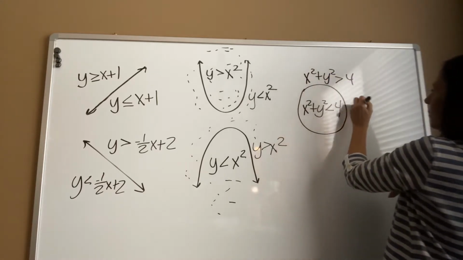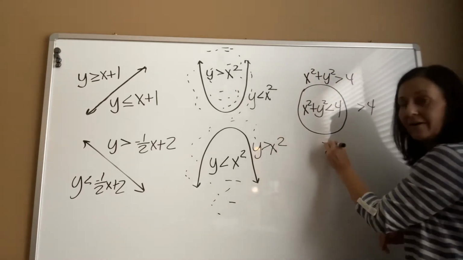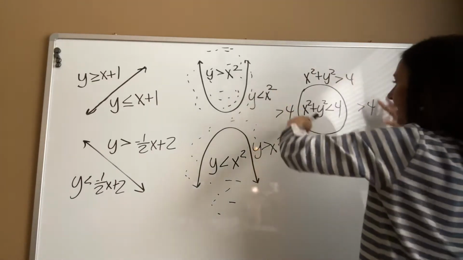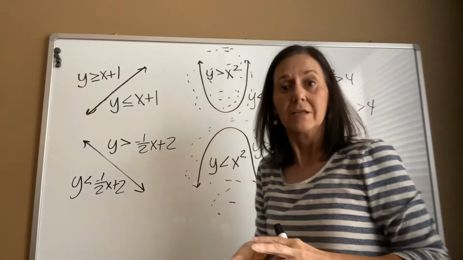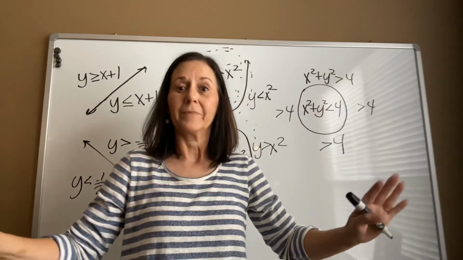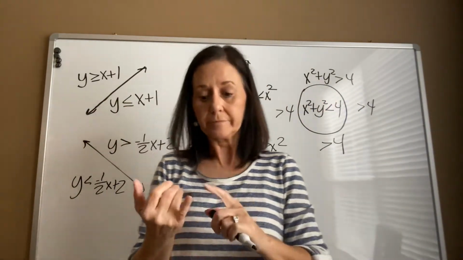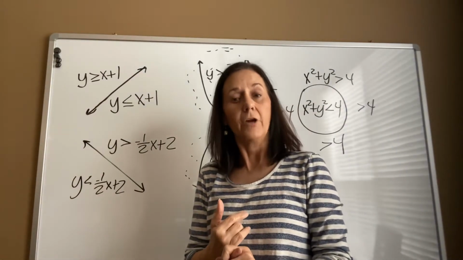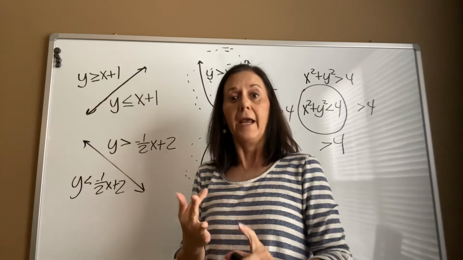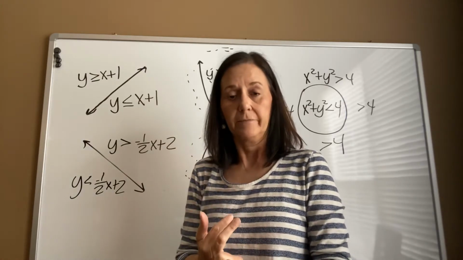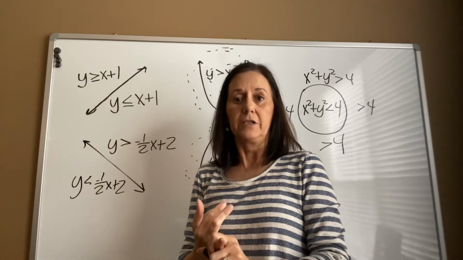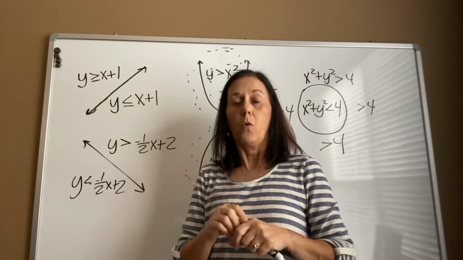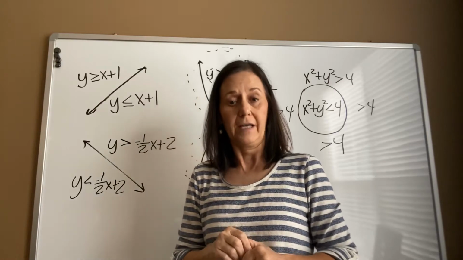Over here would have been greater than 4. Down here, greater than 4. Over here, greater than 4. Every area around the circle, outside of it, is greater than. Now, when we have a nonlinear function paired with a linear function, it's going to divide the regions of your coordinate system into about 4 areas.